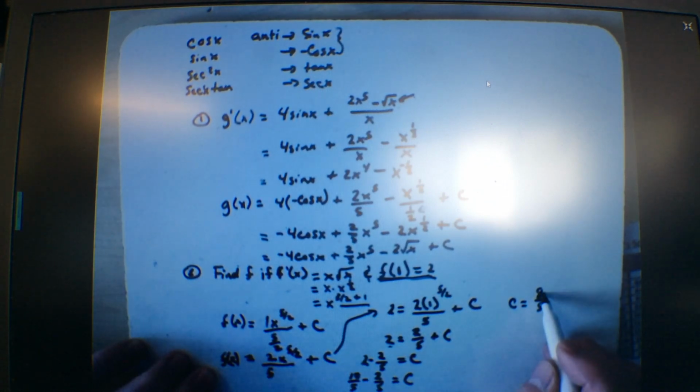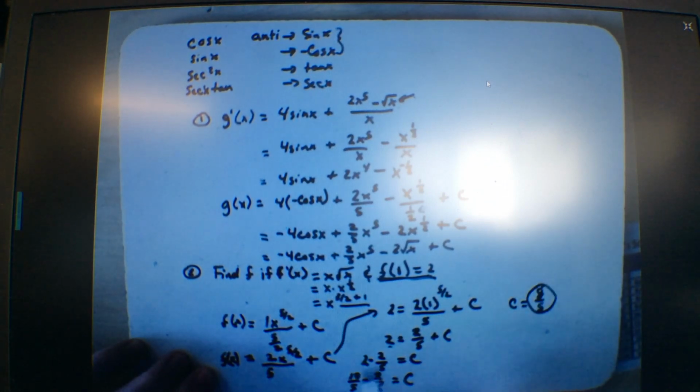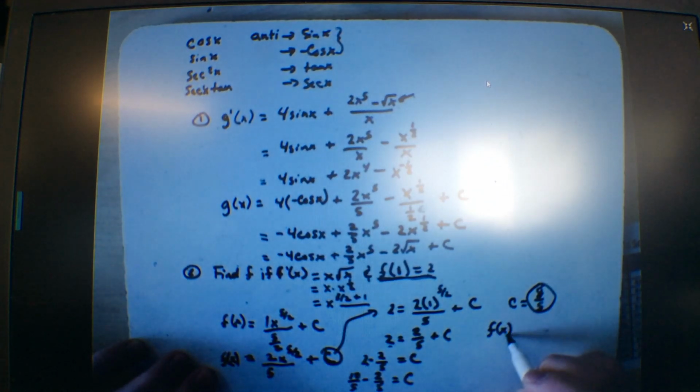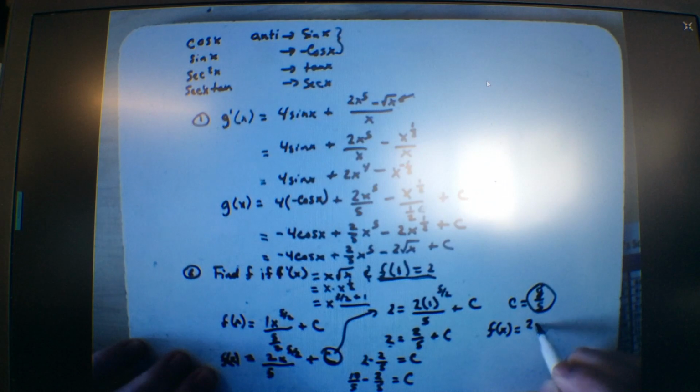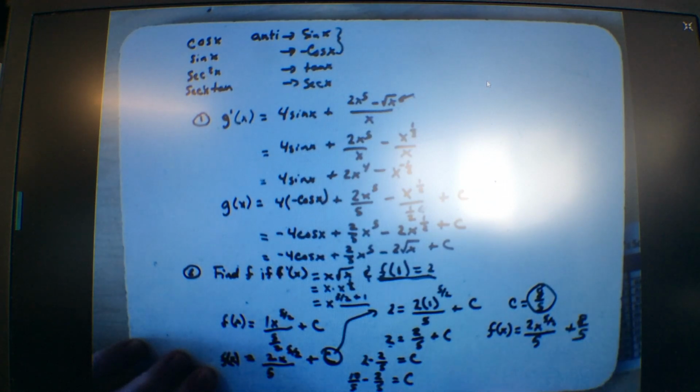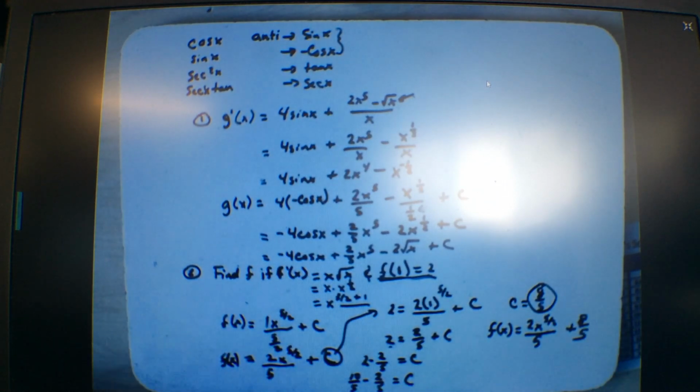Now I put it back in to here, so I have f of x equals 2x to the 5/2 power over 5 plus 8/5. Since they have the same denominator, I can put them together or I can leave them apart. It does not matter. It's up to you.